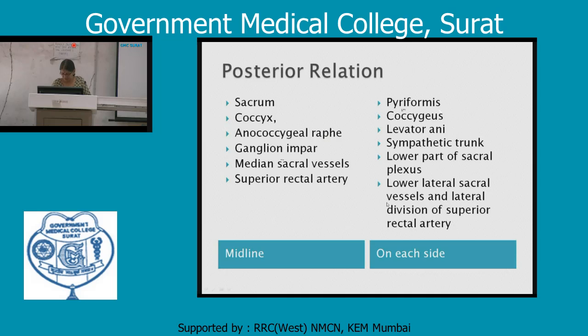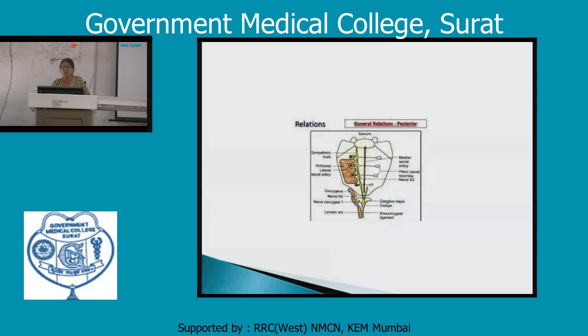Now see what the relations are. What we can see in this diagram, in the midline, is the median sacral artery, a terminal branch of the aorta, from the posterior aspect. On either side, this is the sympathetic chain. The sympathetic chains of both sides unite in front of the coccyx. Here is the ganglion impar, a small pea-like structure.